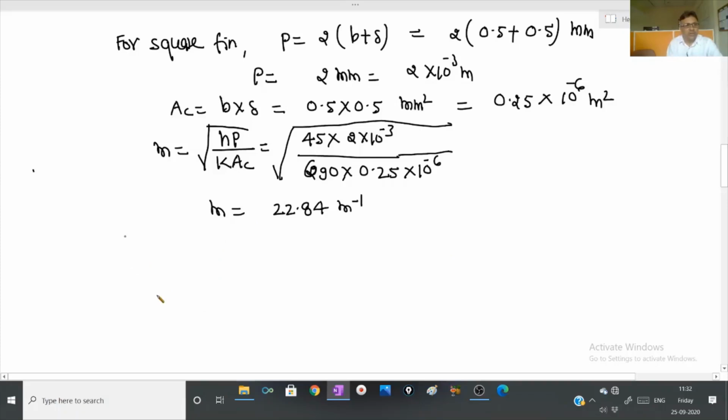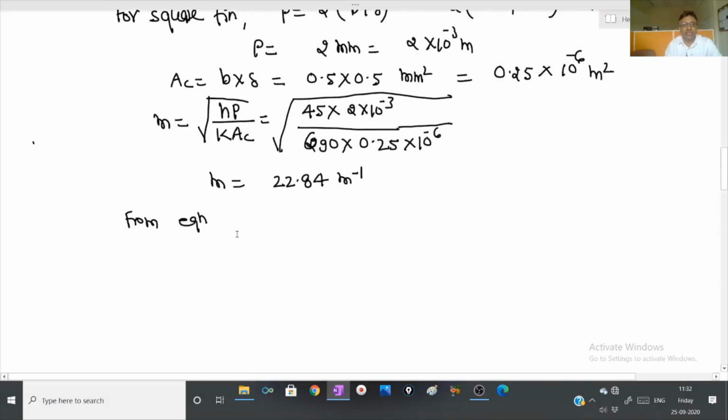So after calculating P, Ac and m, from equation 3, I can calculate the value of heat dissipated from the insulated tip fin. So h value is 25, P value is 10 to power minus 3, k value is 690 and cross sectional value is 0.25 into 10 to power minus 6.